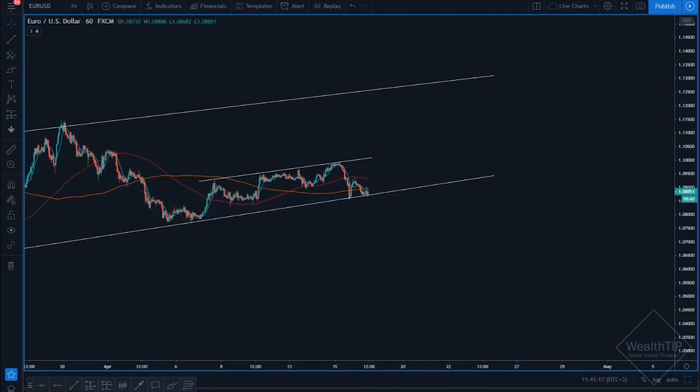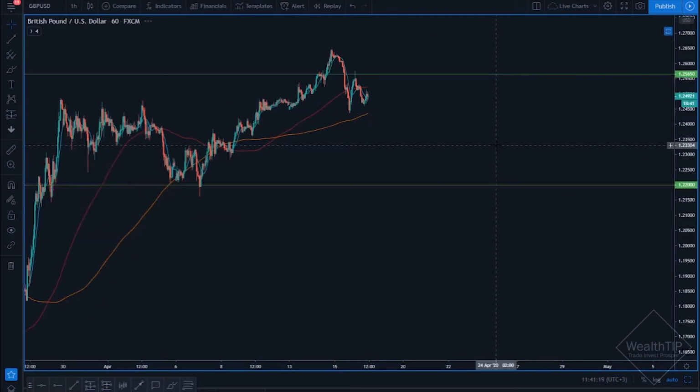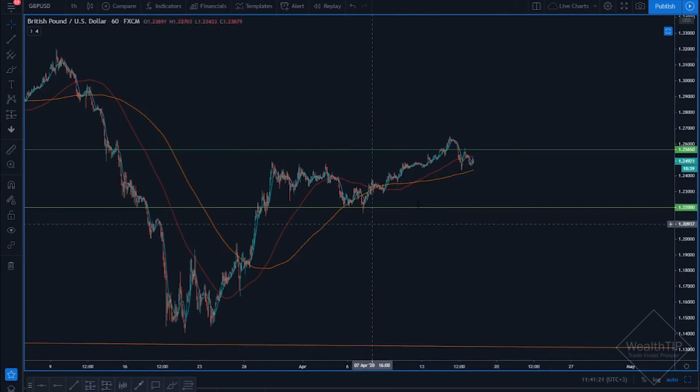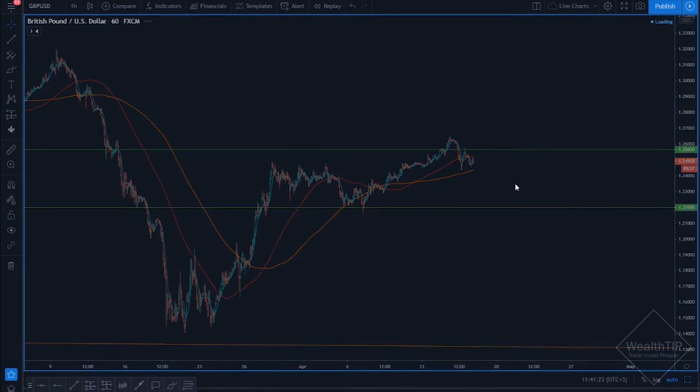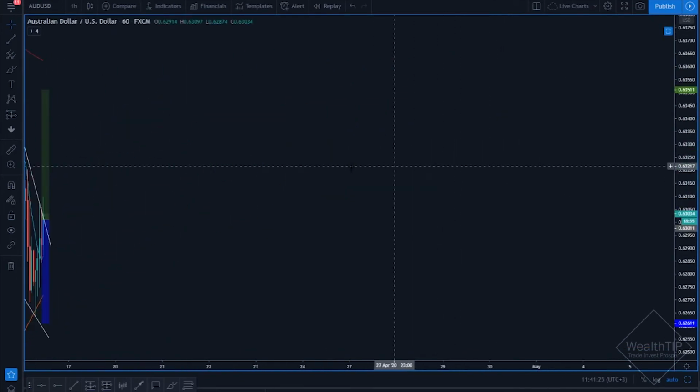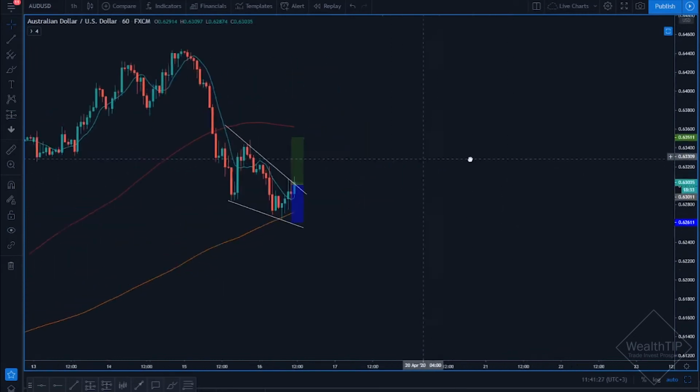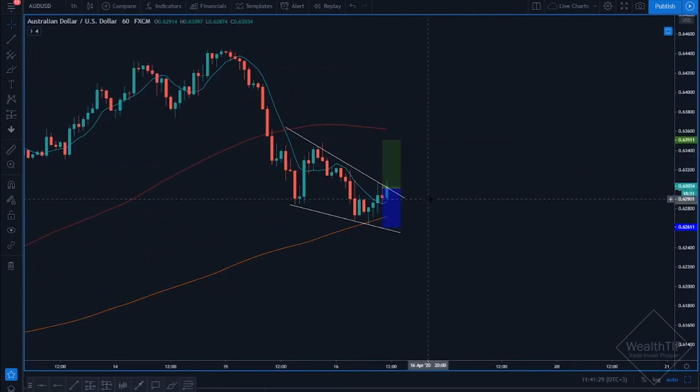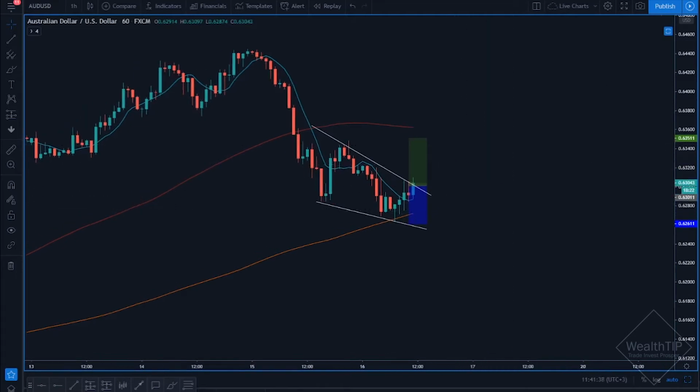For now, I am not necessarily too keen on taking any other positions other than the one I've already taken over here with the Australian dollar, US dollar, purely because I'm not seeing the opportunity with the other pairs, and because I don't see the opportunity, I'm not going to force anything.